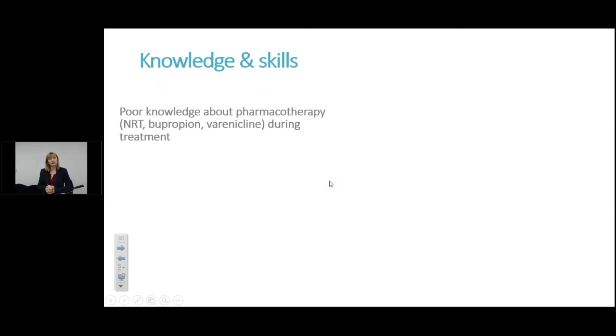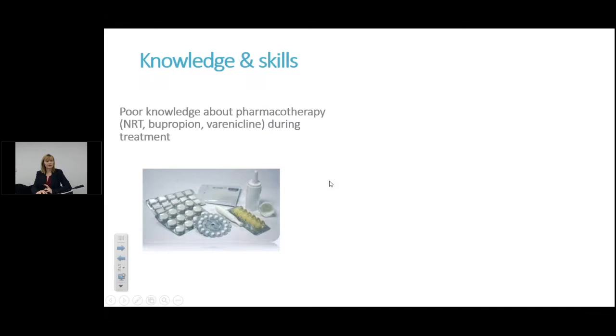So now looking at knowledge and skills, you would have noticed from the earlier data, and particularly in this setting, we discovered more anecdotally as we dug a bit more into what people felt capable and confident with. The question of pharmacotherapy, so nicotine replacement therapy and the other medications, came up as something that oncologists weren't very comfortable with in terms of what they could recommend and dosage and so forth while people were having treatment.